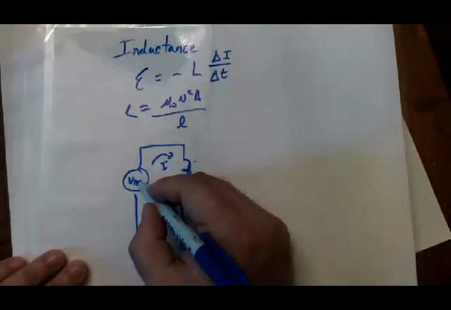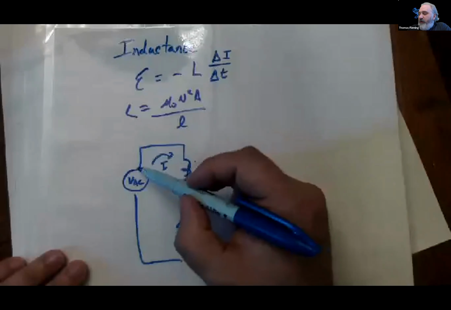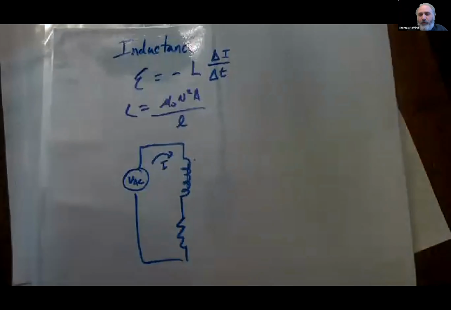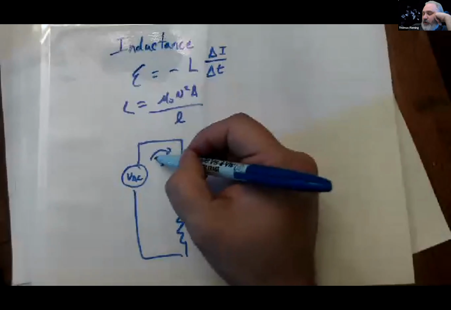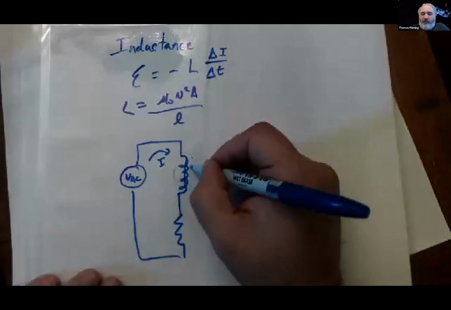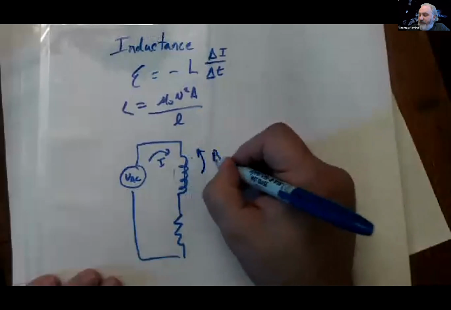Right? So what's going to happen is there's going to be times when the current is going forward because the power supply is trying to pump current through that circuit. But if you're trying to make that current be bigger, then the voltage across this inductor is pushing back the other direction. We call it a back EMF.